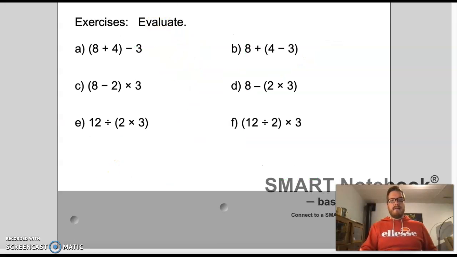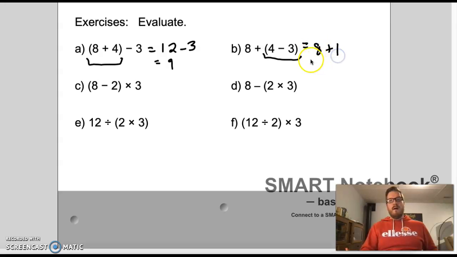So just a bit of practice then on evaluating these expressions. 8 plus 4 is in a bracket, so that gets done first. That's going to be 12, and then take away the 3, and that's going to equal 9. Now this is 4 minus 3, that is going to get done first. So that's going to give me 8 plus 1, which is also 9.